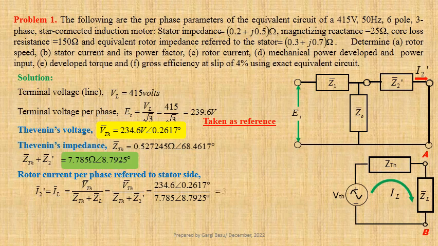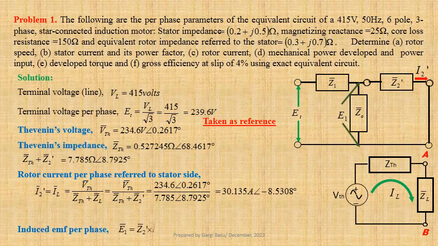That gives us 30.135 ampere at an angle minus 8.5308 degree.